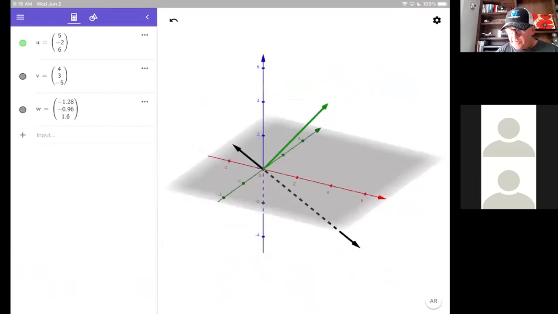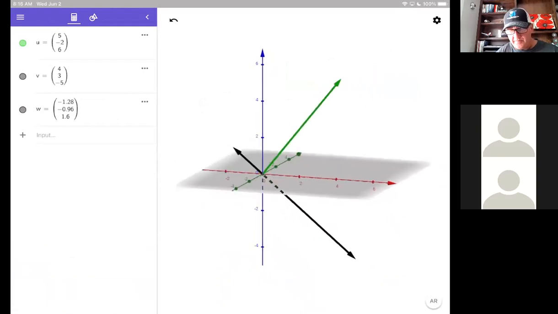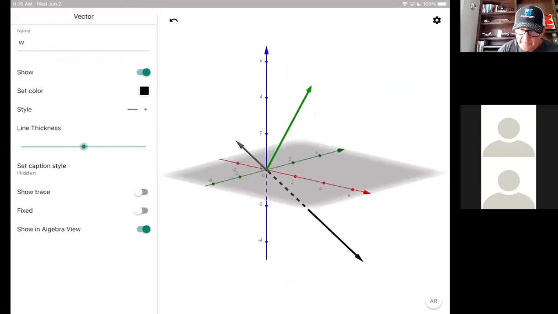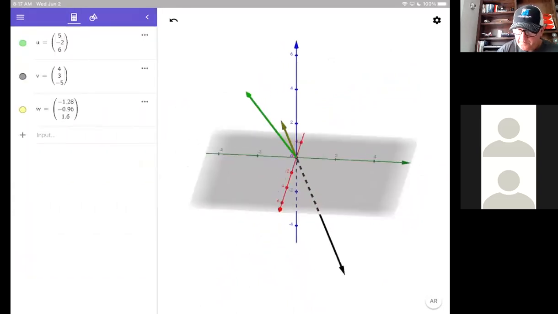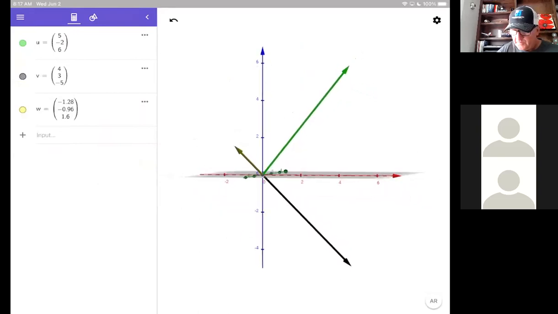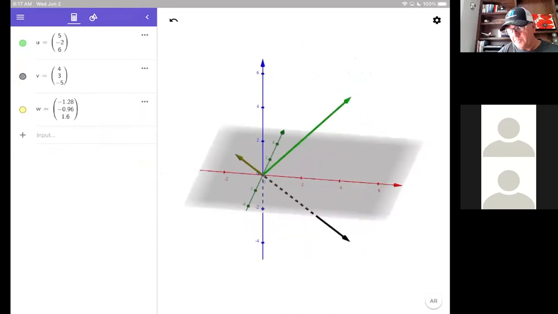So vector U is the green one, so it's projected down onto V. And notice that our W vector kind of looks right, except, I think I'll make it yellow, it will stand out. It's going the wrong direction, which is kind of cool to see because it means I made a mistake.